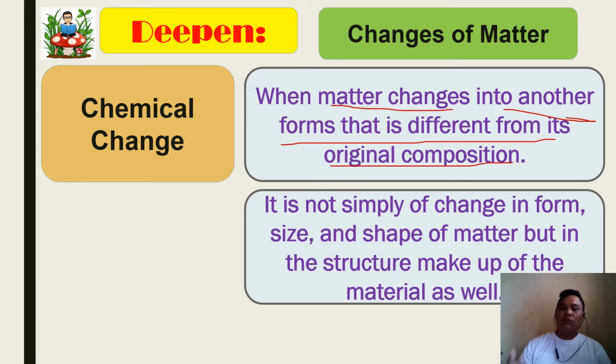Tapos habang niluluto siya, nag-change yung size niya, nag-change yung shape niya, but in the structure make up material as well. So, nagbabago po yung kanyang lasa. Naging most flavor po talaga yung liempo. Okay, so in short, it will become a new substance or new composition. Okay? So, yun po yung chemical change.